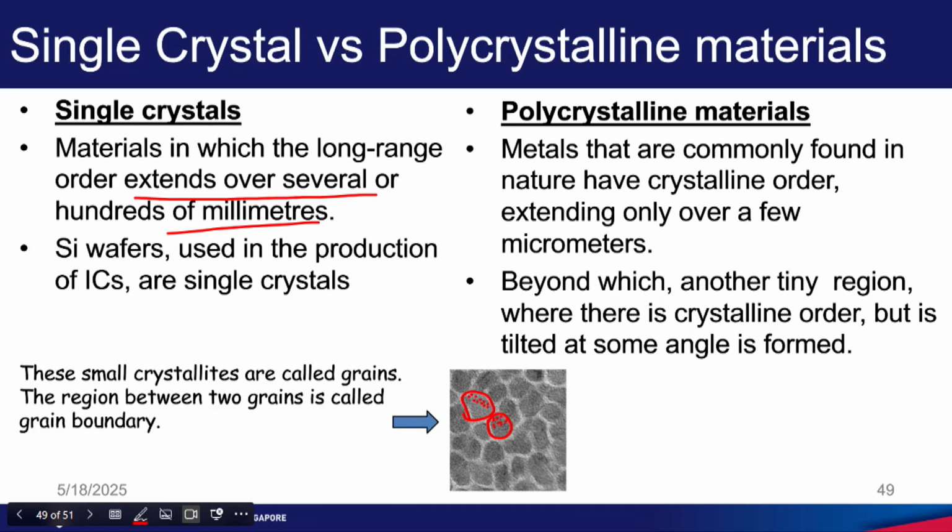So, it is like the domain concept that we learned. We can say that this is like a crystalline domain. Within a small region there is a periodic arrangement, you go slightly far, there is another tiny crystal where the periodic arrangement is slightly tilted and so on. So, we have many tiny crystals. When we say polycrystalline, we are talking about many tiny crystals, and for this we use the term grains.